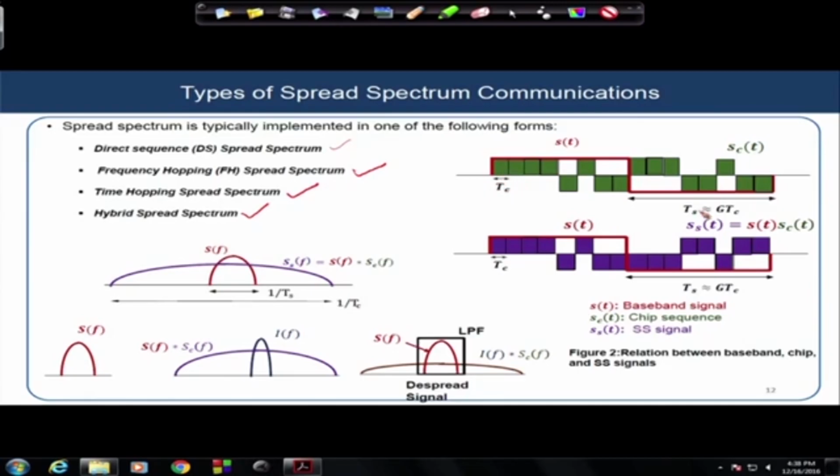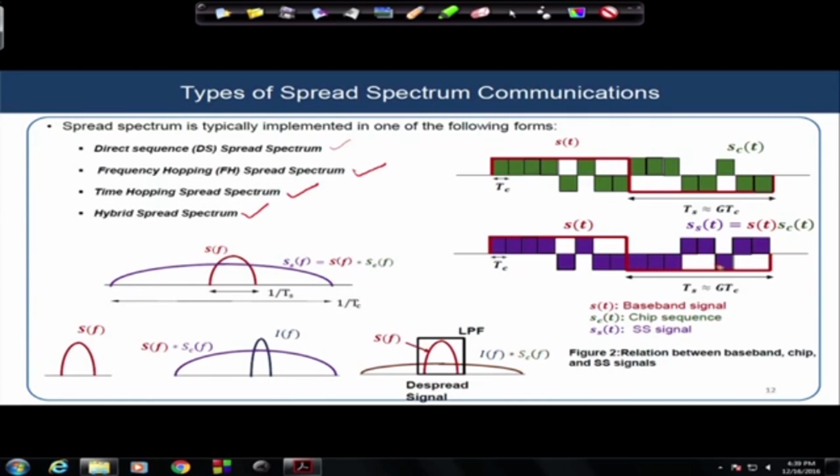Now if we consider that Ts and Tc are chosen such that Ts is G times larger than Tc, then G is the gain, which is given by Ts by Tc.